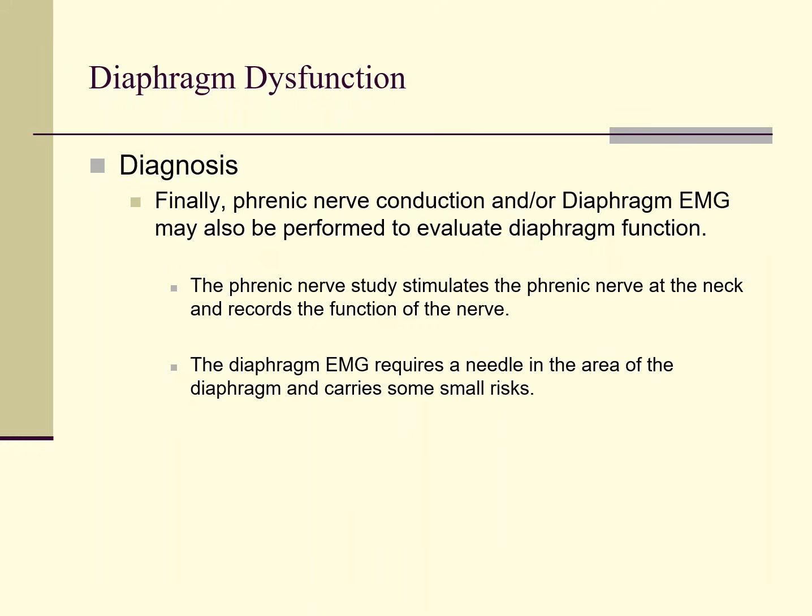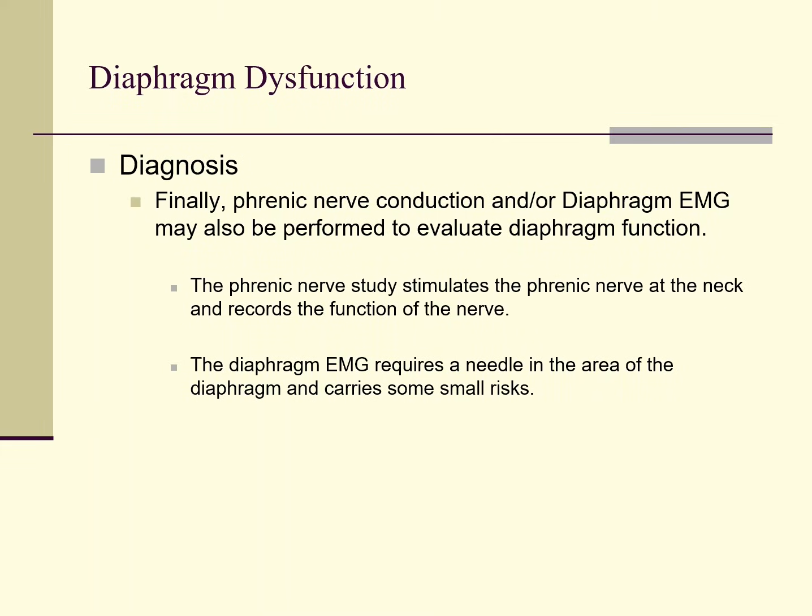Next, and this is a much more invasive procedure, is we can always do phrenic nerve conduction and or diaphragm EMGs. Phrenic nerve conduction is the same as the EMGs that you get on any other muscle, where we shock the neck and we look for diaphragm movement.